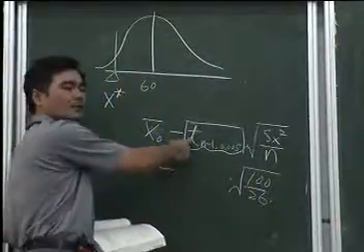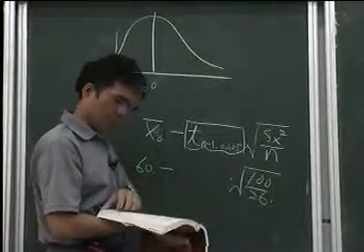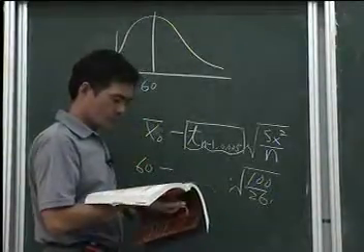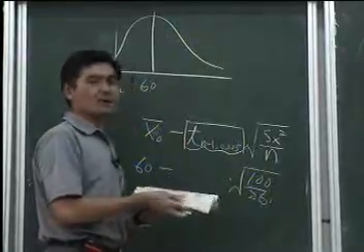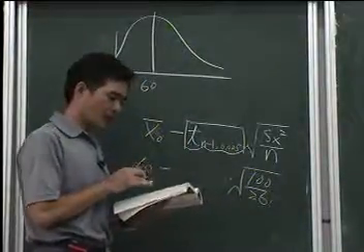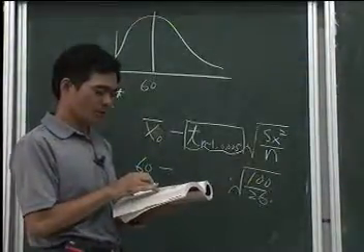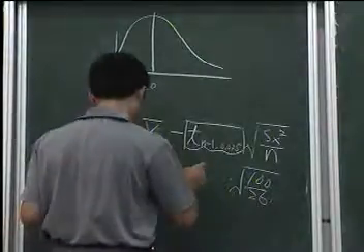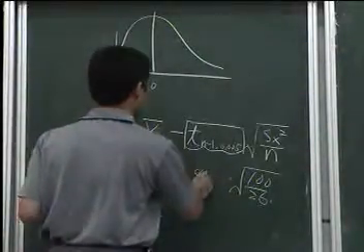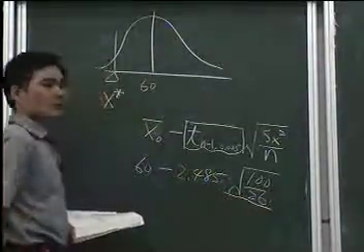What's this number here? The book shows you how to check the table. Look at page 353. So that's 2.4855, about 2.485.